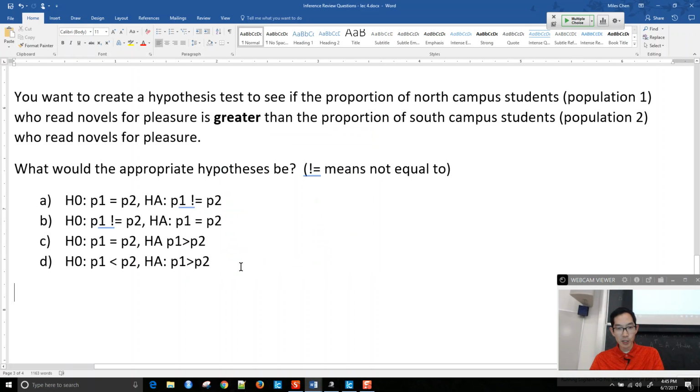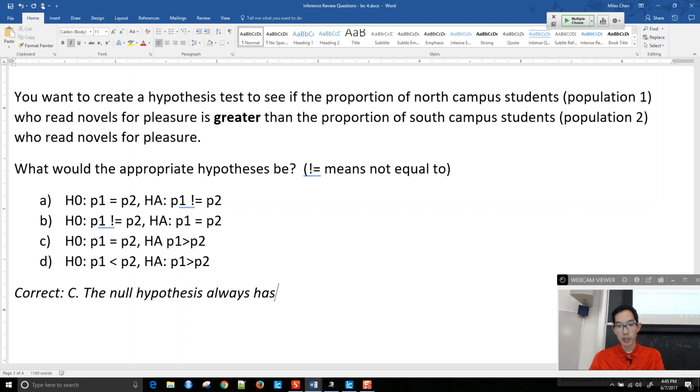And so the correct answer is C. The null hypothesis always has an equal sign.